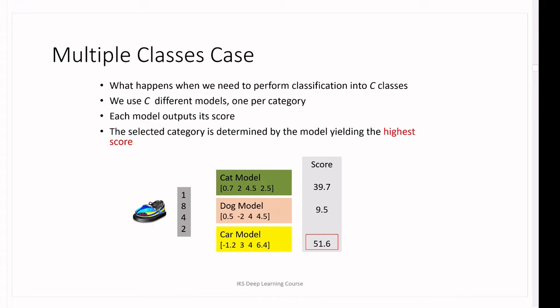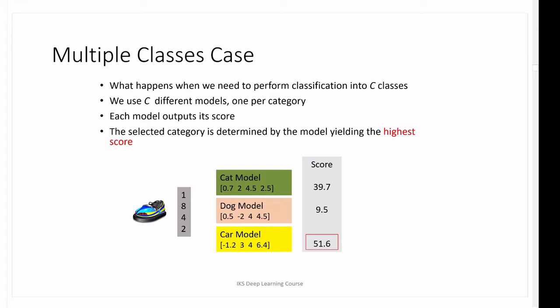And there is a model for car, and the parameters there are minus 1.2, 3, 4, and 6.4. So in this case, with the given input, we can calculate what is the score of each and every model.